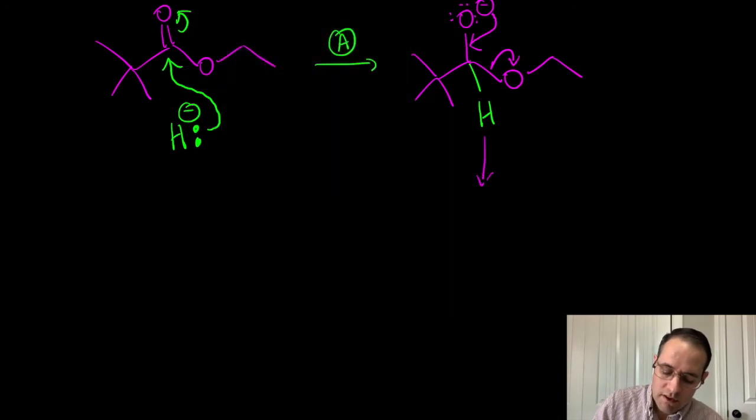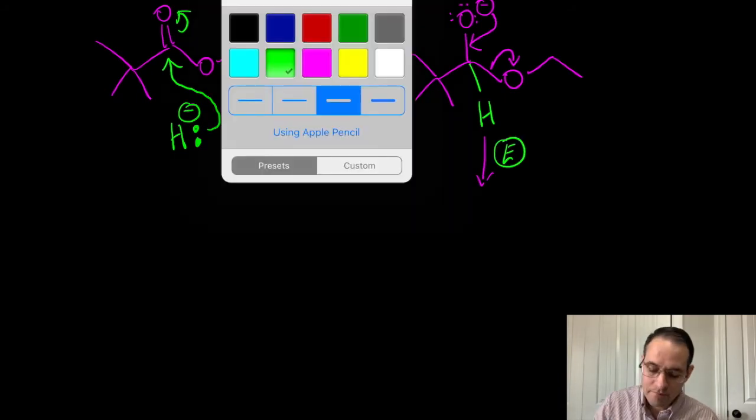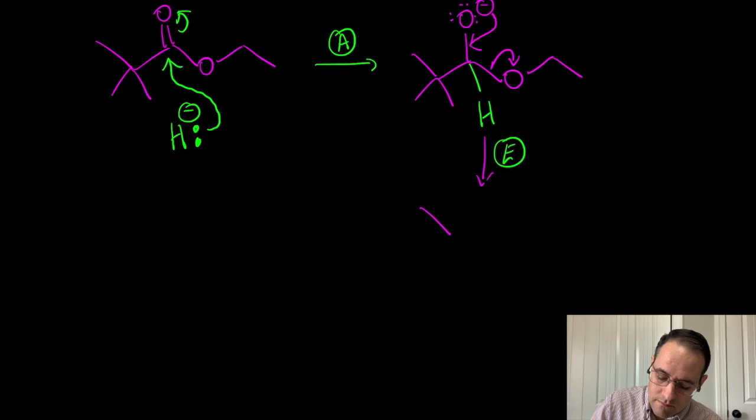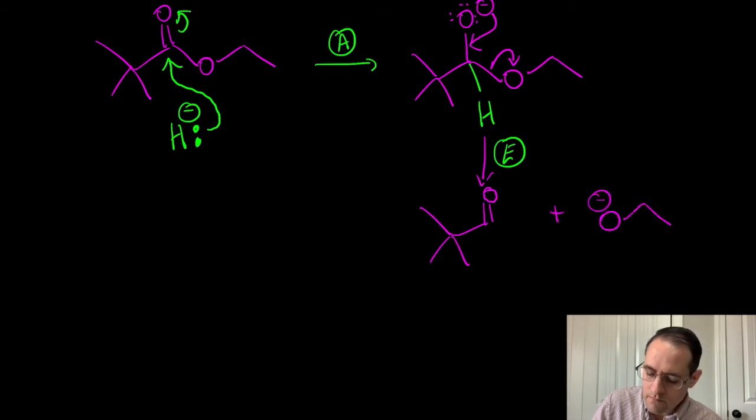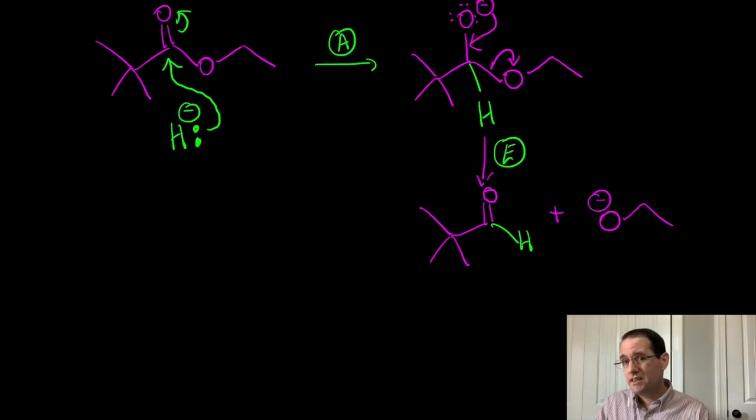So that's called E for the elimination step, okay? So I'm color coding the hydride green so we can see why you need excess.